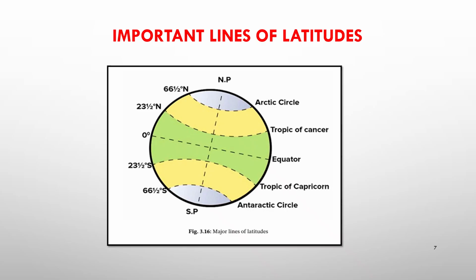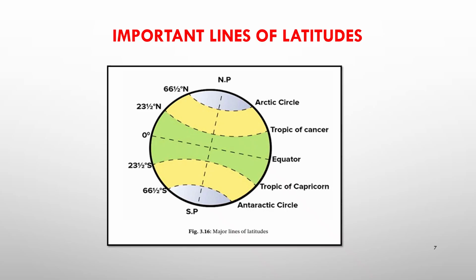North of the Arctic Circle, there are areas that experience the midnight sun in summer, where the sun does not set, and polar night in winter, where the sun does not rise. So the Arctic Circle is a critical boundary in terms of climate and ecology.